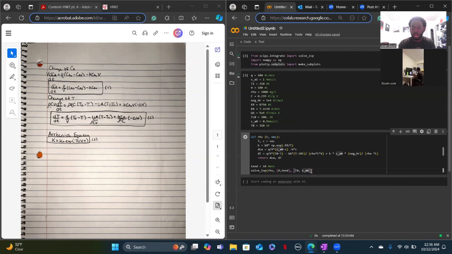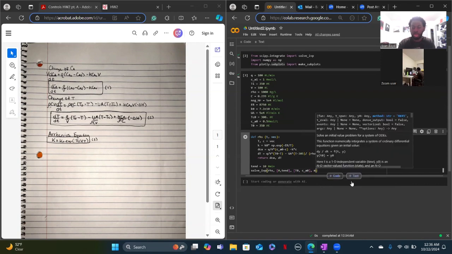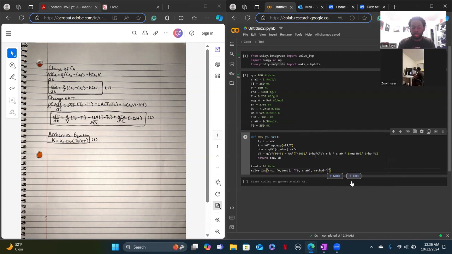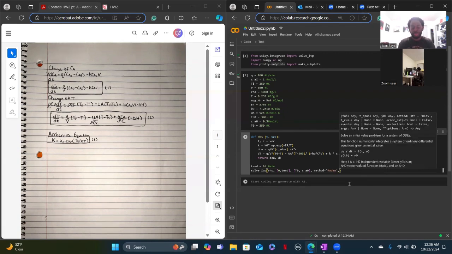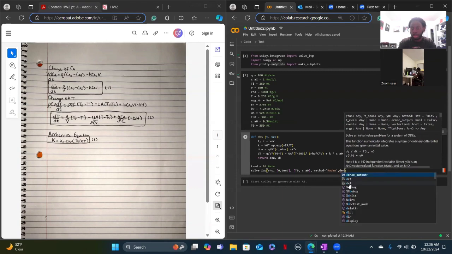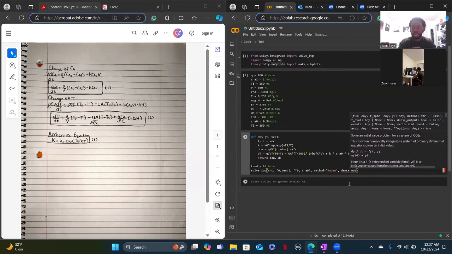Okay. Then let's put in our method, which is equal to Radau, like I said earlier. And then we need to do a dense output because this is a continuous function and a continuous system. So we need to say our dense output is true.